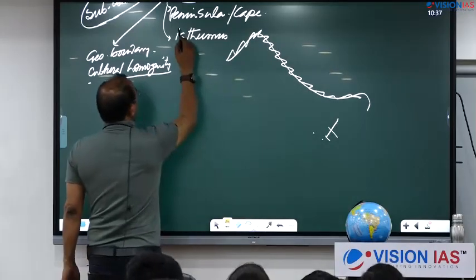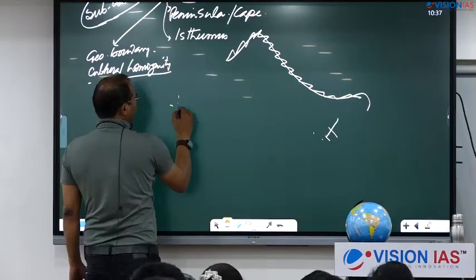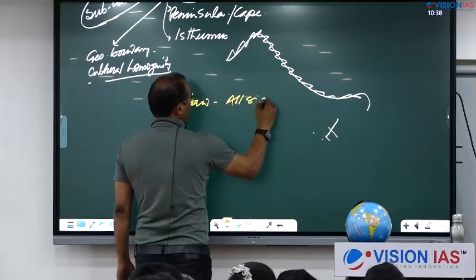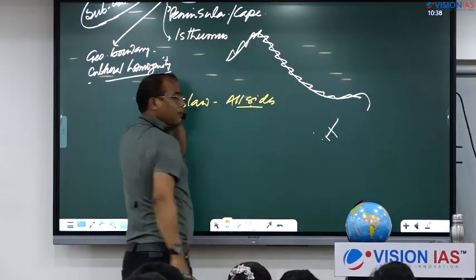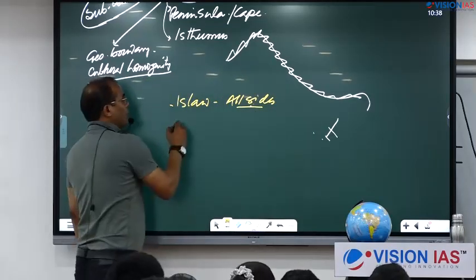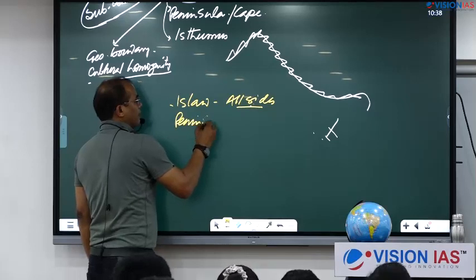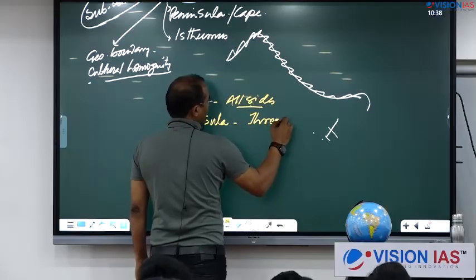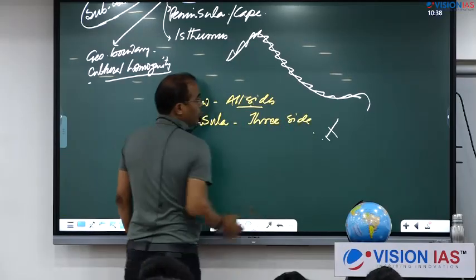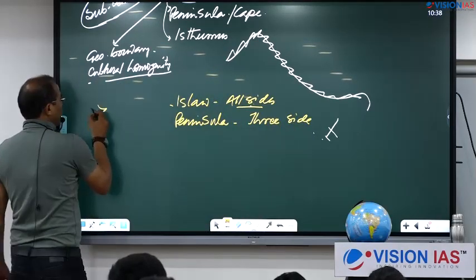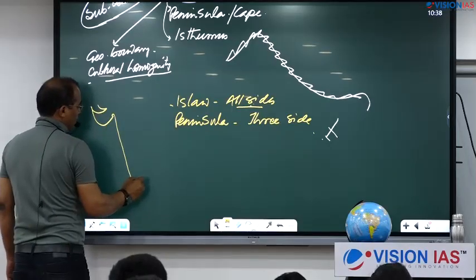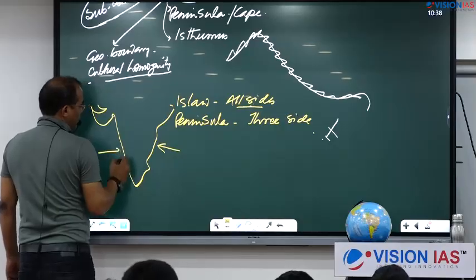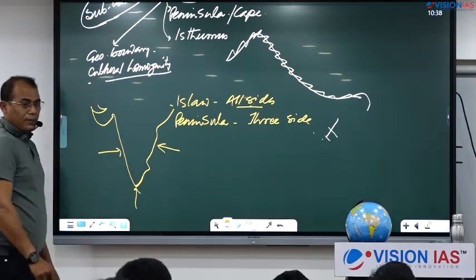Right, now peninsula. An island is surrounded from all sides by water. A peninsula is three sides. Three sides. Right, peninsular India. Look at this peninsular India. Water, water, water, three sides.